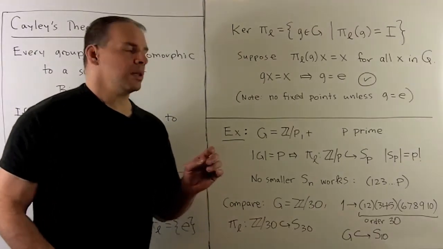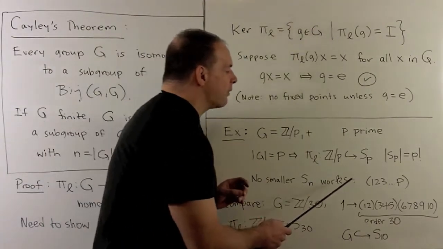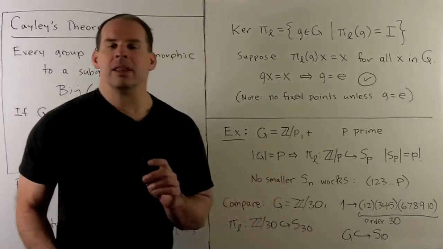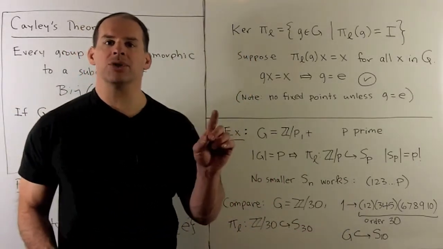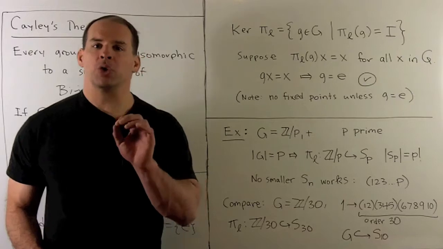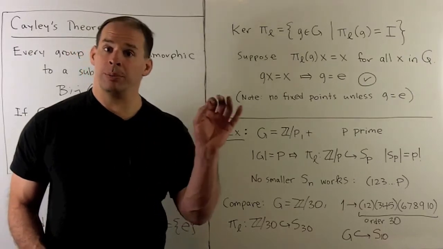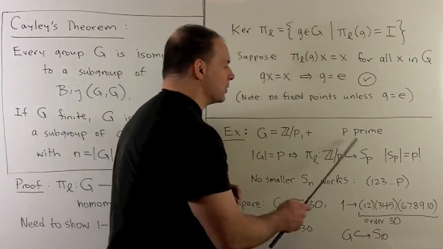Now, see that if we have a permutation of order P, it's going to be a product of P cycles, and the first symmetric group where we have P cycles with P prime is going to be S sub P.